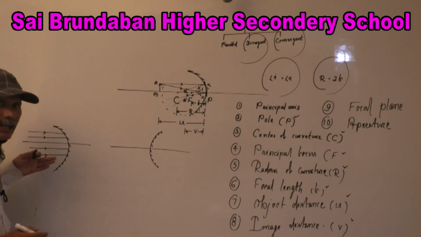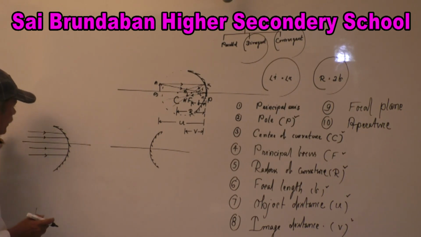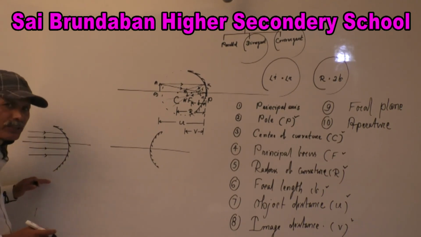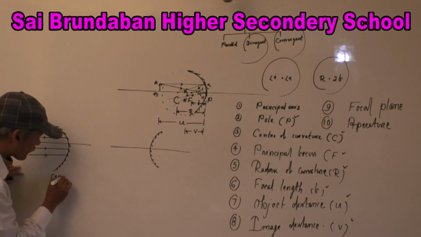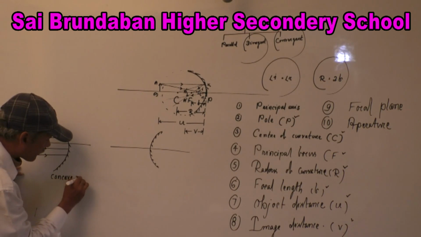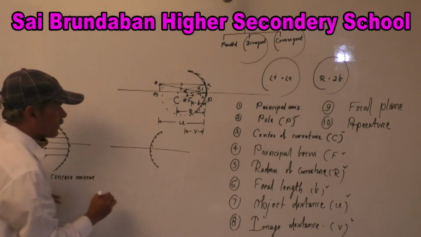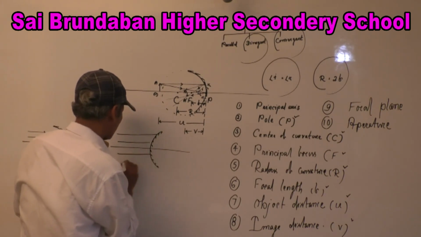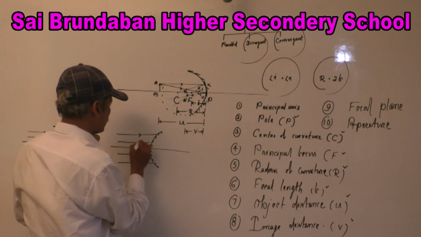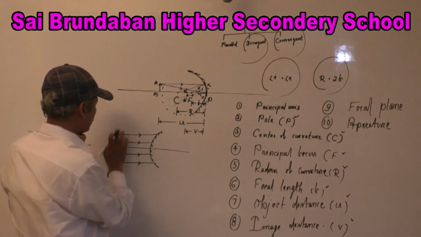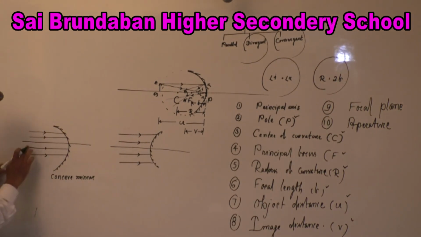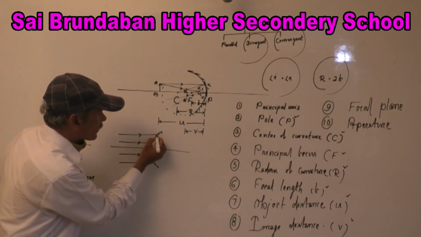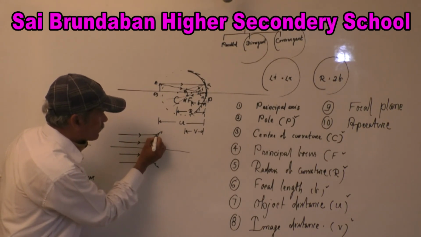You may say parallel rays coming from infinity strike the reflecting surface of the concave mirror. This is the point of incidence.